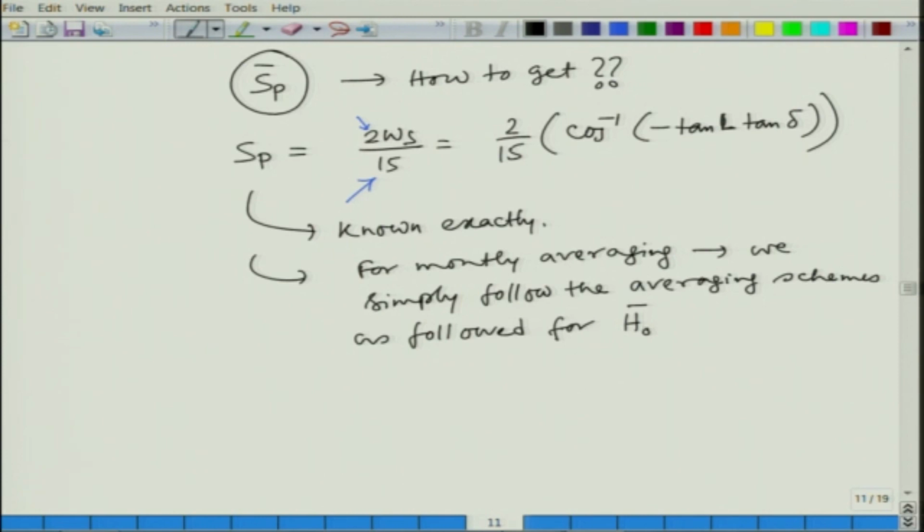Now, one thing we can show you is an example, not the calculation example, but how these data are maintained. Let us say one location in India, Visakhapatnam.